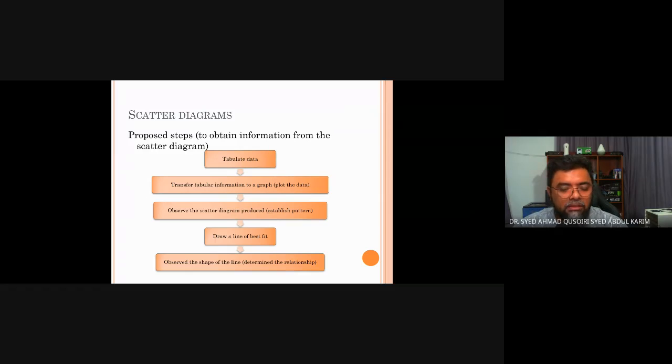So this is an example of proposed steps to obtain information from the scatter diagram. First, we tabulate the data. Of course, when you have your raw data, you have to clean up the data, identify the extreme values, and decide what we want to do with the extreme values, and then use the values to tabulate the data, and then transfer the information from the tables into a graph.